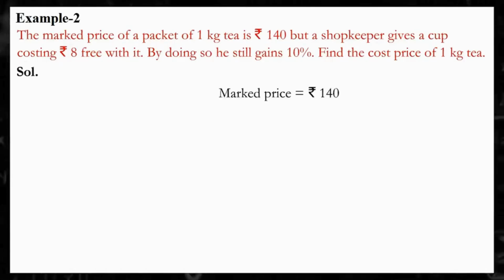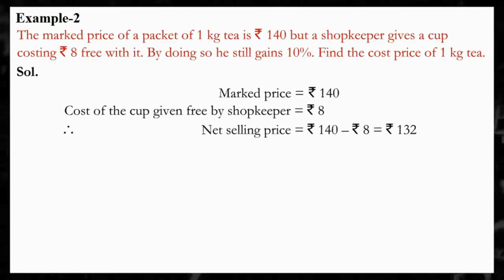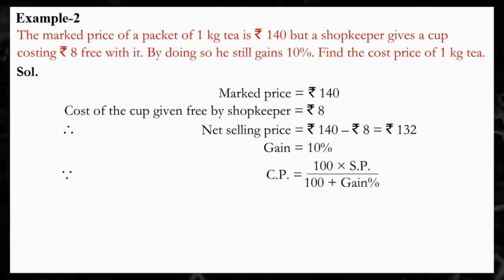Solution. Marked price is equal to Rs 140. Cost of the cup given free by shopkeeper is equal to Rs 8. Therefore, net selling price is equal to Rs 140 minus Rs 8 is equal to Rs 132. Gain is equal to 10%.